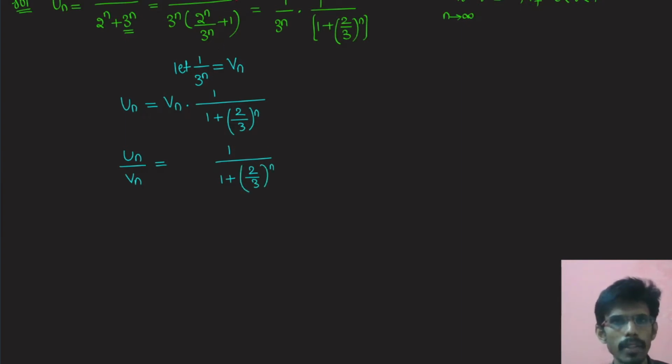Now apply limits on both sides. Limit n tends to infinity. Now this will become 1 by 1 plus limit n tends to infinity 2 by 3 whole power of n.